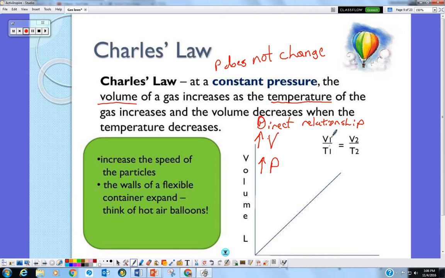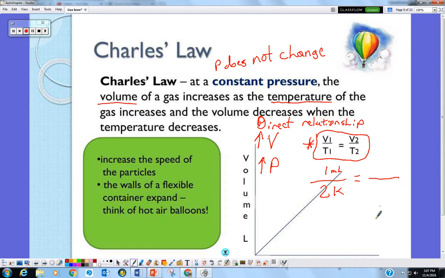So looking at this in equation form, what that tells us is that we have initial volume divided by initial temperature equals new volume divided by new temperature. So just looking at that with numbers, let's pretend that we had a volume of 1 milliliter over a temperature of 2 Kelvin.